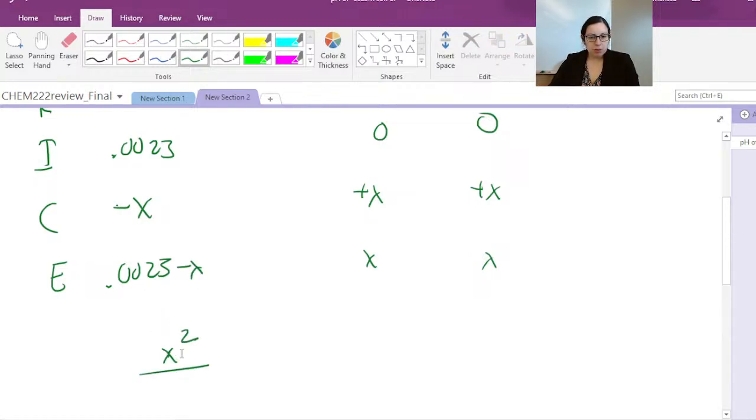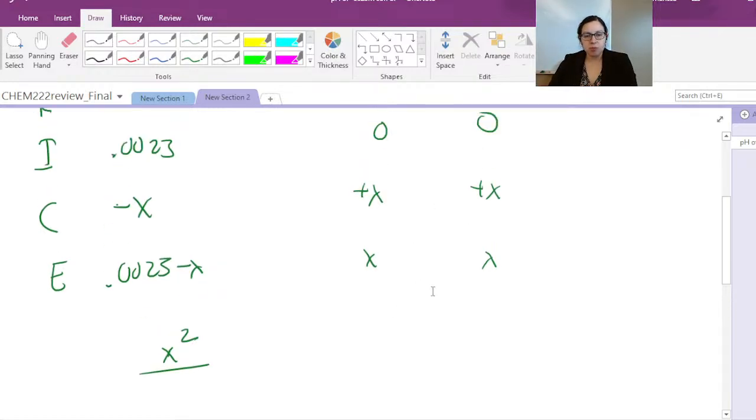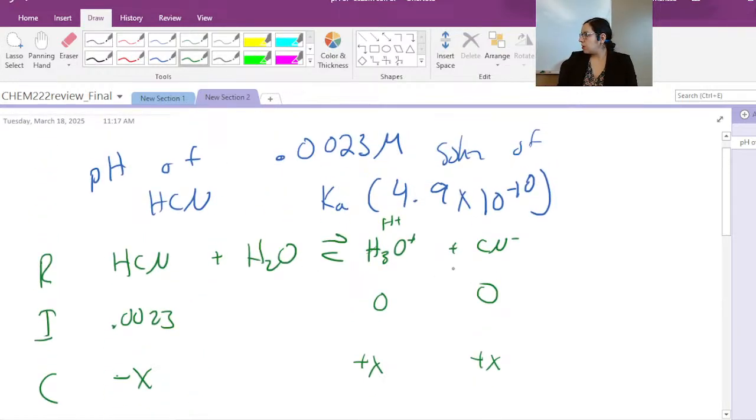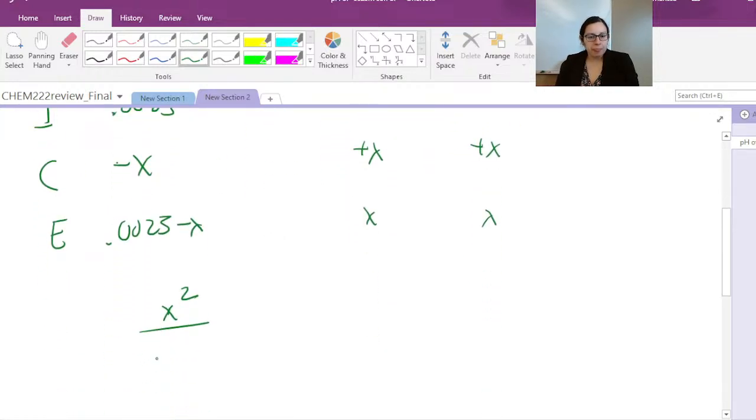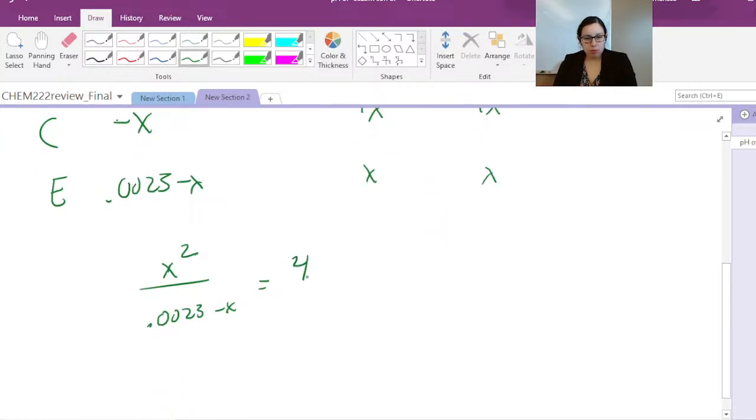And so now I'm just plugging it into our equilibrium or Ka expression, which is still an equilibrium expression, right? So we're just re-emphasizing that. Is equal to, and then we had a small Ka, so 4.9 times 10 to the negative 10.